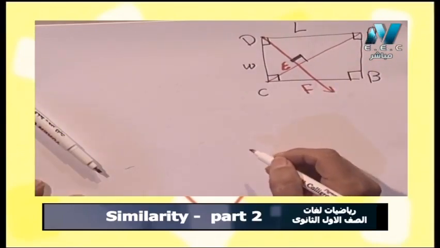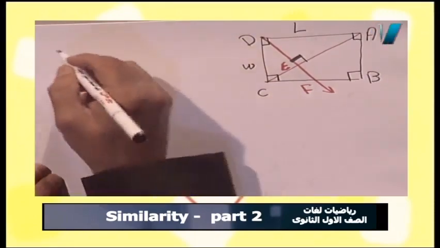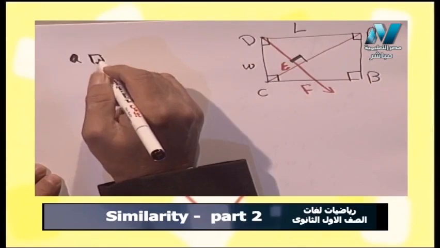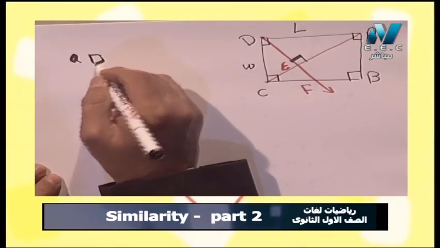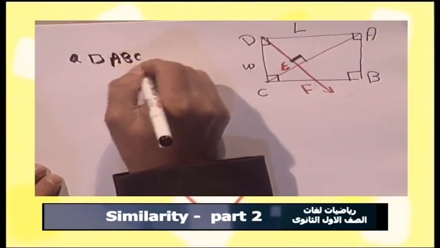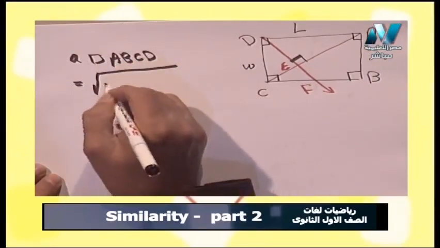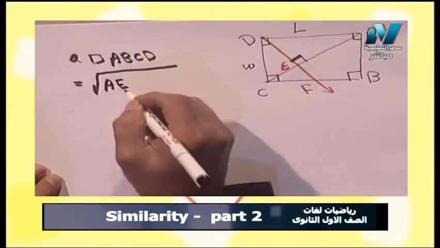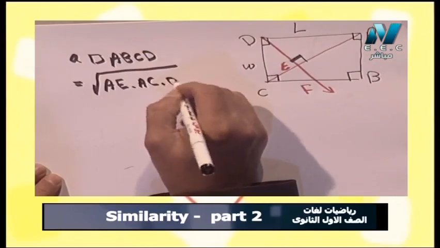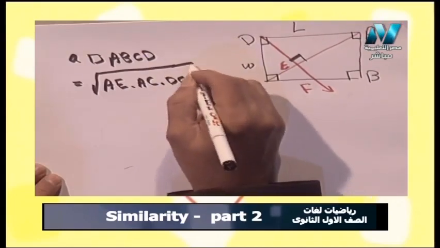So the question is, prove that the area of rectangle ABCD equals the square root of AE multiplied by AC multiplied by DE multiplied by DF.